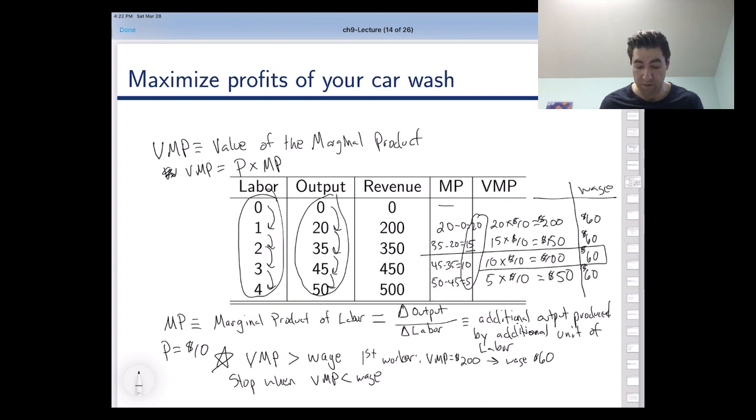So what this tells us is that the firm wants to hire 3 workers in this case, and that's based on maximizing their profits, thinking about the extra benefit of hiring a worker, summarized by the value of the marginal product, and comparing it to the extra cost. And in this case, we arrive at a decision to hire 3 workers.